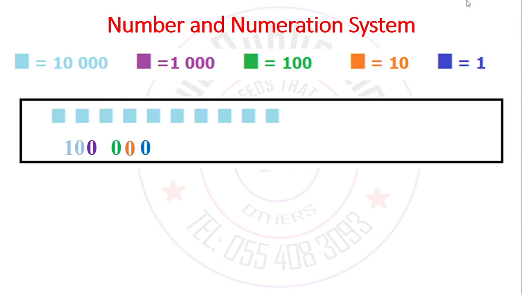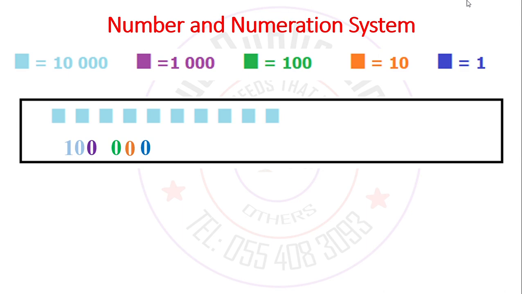Whenever the digits of a number are more than 4, group them into 3 from right to left. So our first 3 zeros fall into one group.